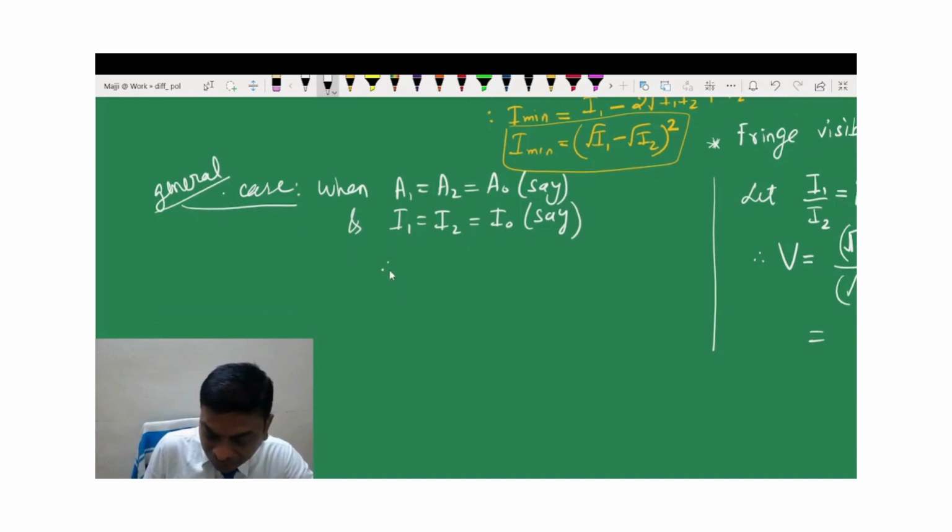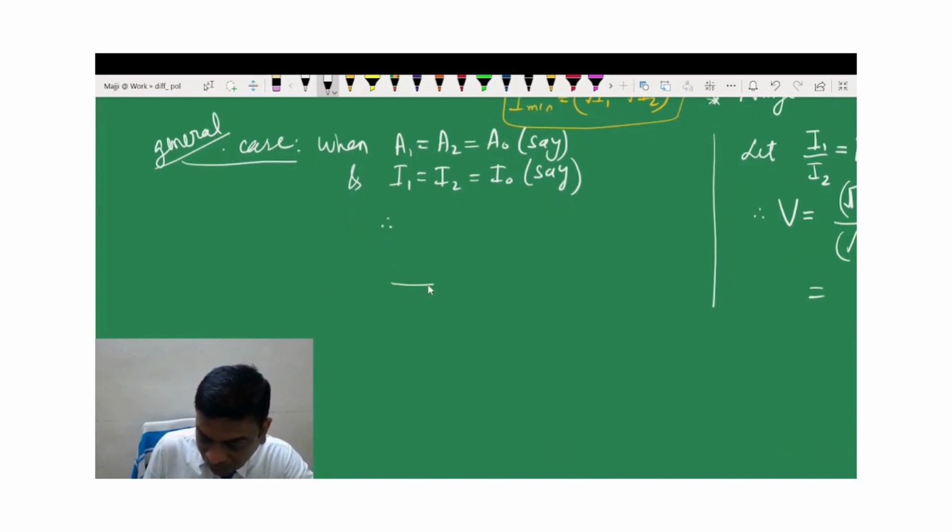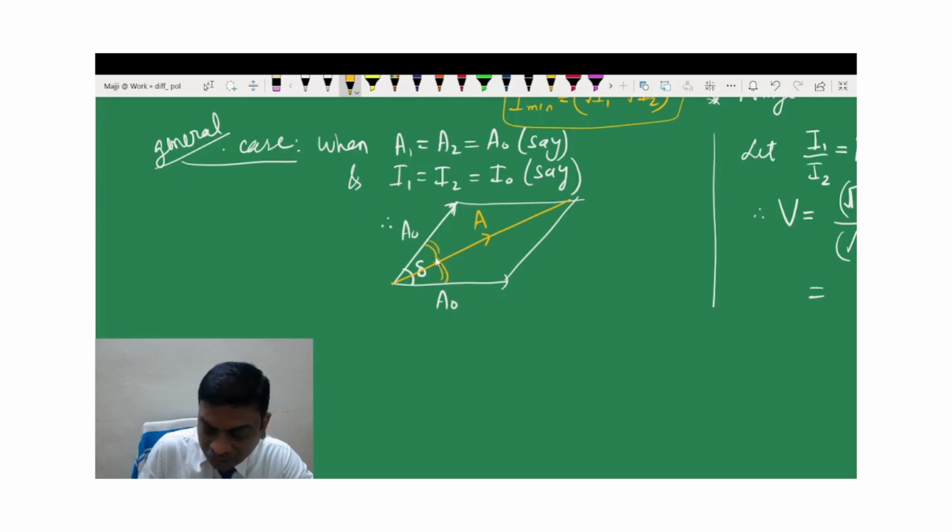Right? Okay. So here you see, if you have A naught here and another A naught here, both inclined at an angle delta, then we know that the resultant will be in this direction. These angles are delta by 2, delta by 2. The component of A naught in this direction is A naught cos delta by 2, and the other component is A naught sin delta by 2.